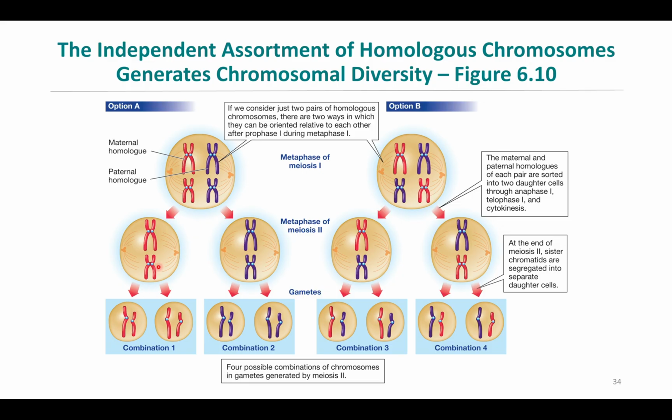This particular chromatid can pair up with this chromatid, and this one can pair up with this chromatid. There are so many combinations of pairing up these maternal and paternal chromosomes when they make the gametes. That's what we call independent assortment, which causes genetic diversity.